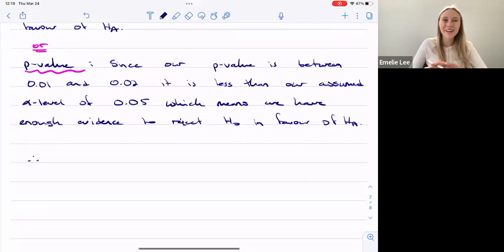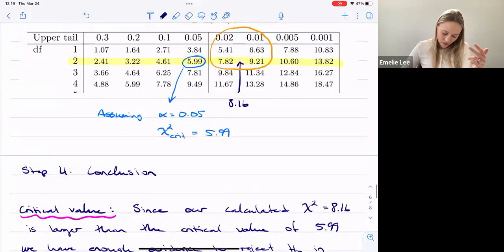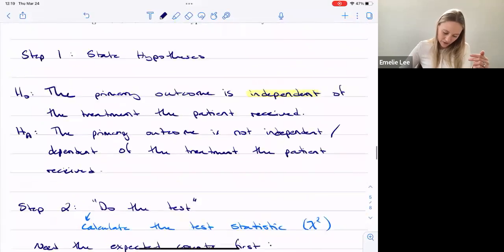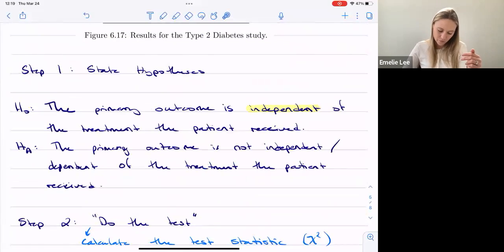Which in our final conclusion means that, okay, now I go back to my null and alternative hypotheses here. If I can reject H0, that they're independent, in favor of HA, that they are dependent, right? That's my conclusion. The primary outcome is dependent on the treatment the patient received, I guess, right?